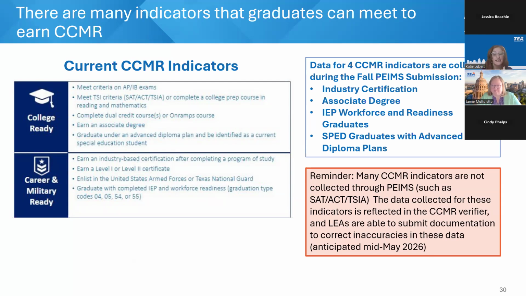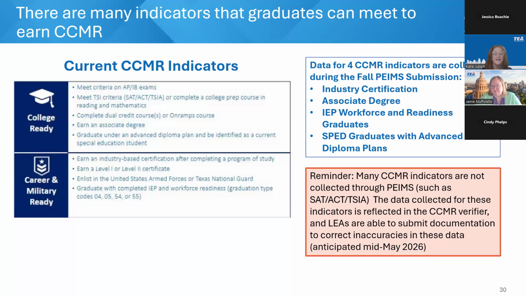Again, many CCMR indicators are not collected through PEIMS. An example of that would be SAT, ACT, or TSIA scores. While those cannot be verified using a PEIMS report, those can be checked during the CCMR verifier, and then you're able to submit documentation to correct any inaccuracies or things that look off. That's anticipated in mid-May, so more coming on the CCMR verifier window much later in the spring.